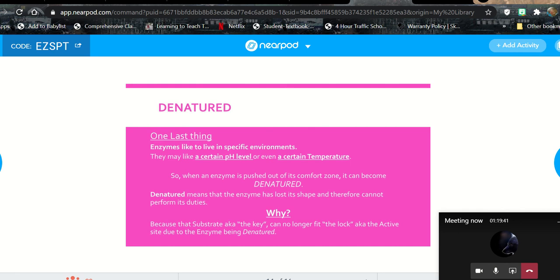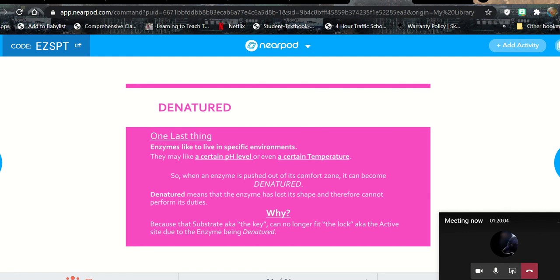Maybe the certain enzyme that they had is becoming denatured because they're sick and their body temperature is too high, or maybe they've taken too much antacids, which calm down your stomach acid. Maybe they took too much of those and their stomach acid is too basic, so it denatured a lot of the enzymes.